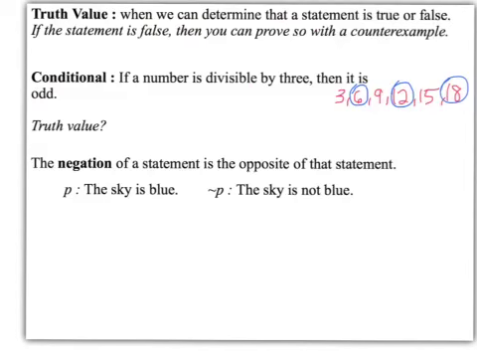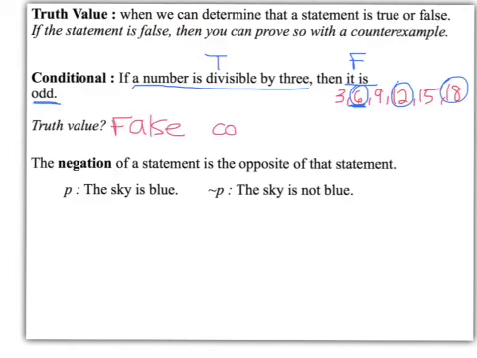But we can see a number is divisible by 3. If this is true, then it is odd. Well, what if this last statement is false? Since 6 isn't odd, we're going to see that if something that's true implies something that's false, then the whole statement is false.